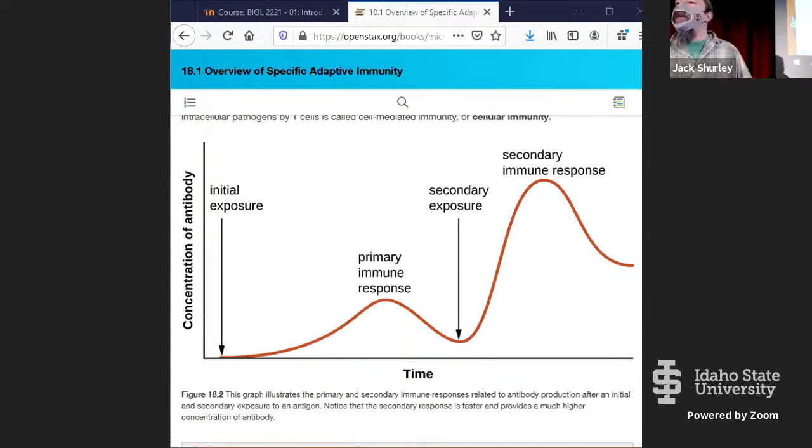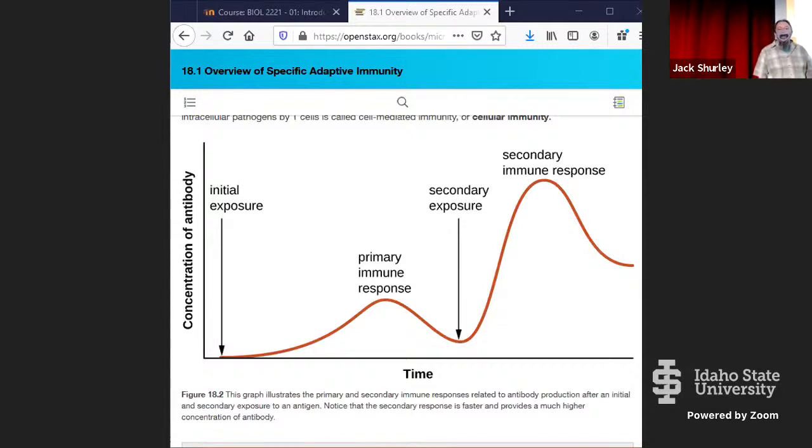The MHC1s are our own cellular or molecular fingerprints that say these are my body cells, all right? MHC2 proteins are found on some of our white blood cells. Macrophages and dendritic cells are good examples of that with the MHC2s. So they are responsible in the presentation of foreign substances, all right?